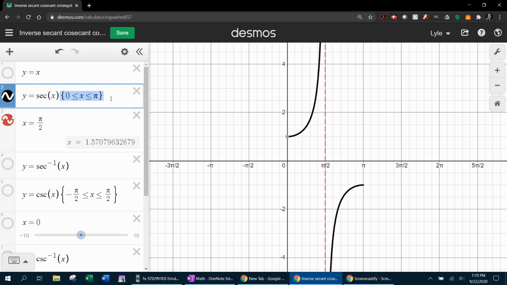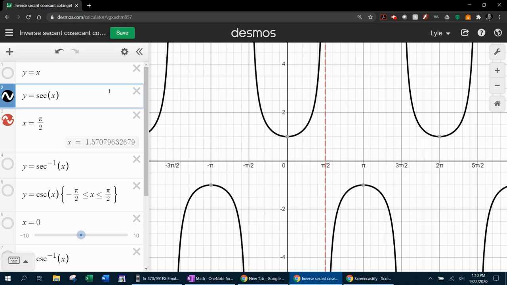If I remove that restriction, notice that the secant function is definitely not one-to-one. It does not pass the horizontal line test. So in order to find the inverse secant, we're going to need the secant function to be one-to-one. And that's why we need the restriction on the domain.